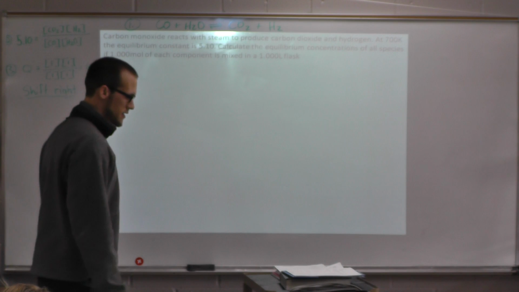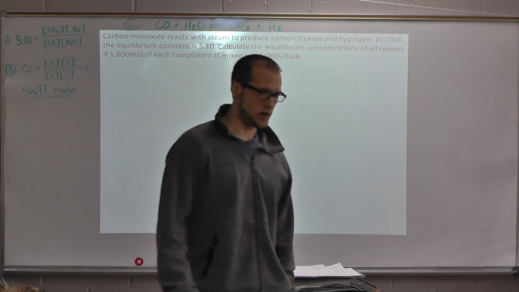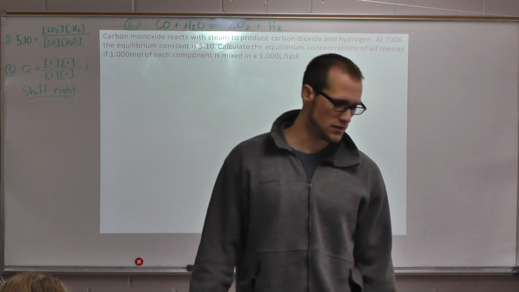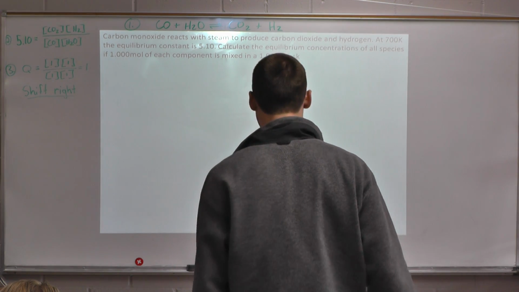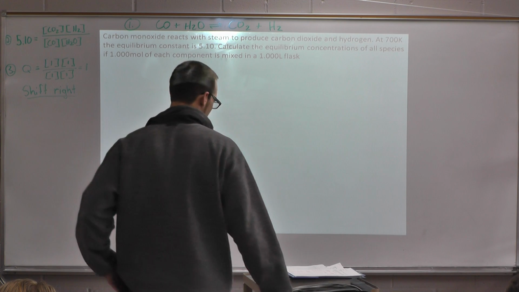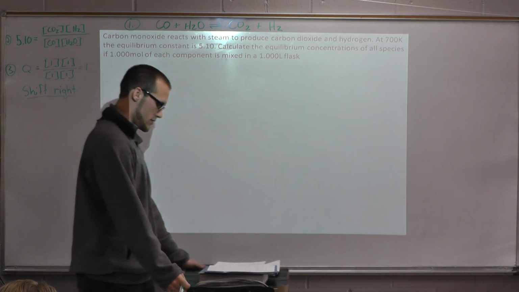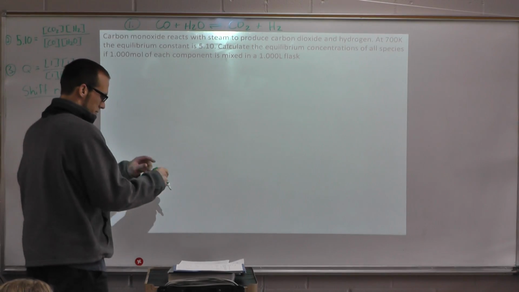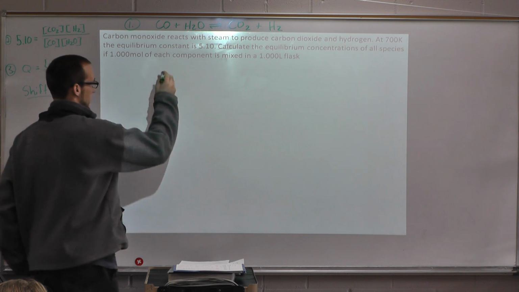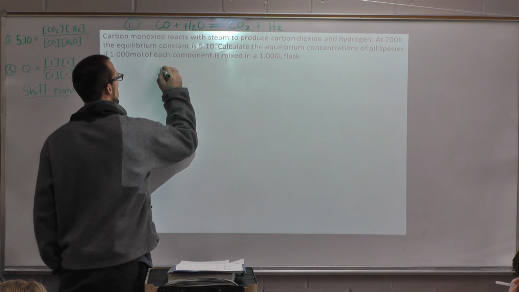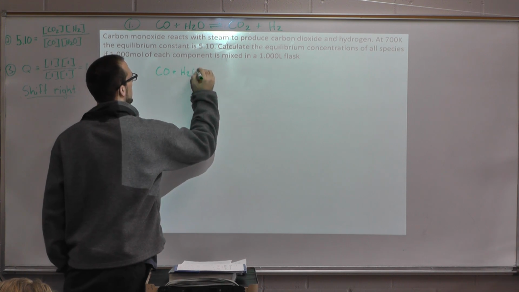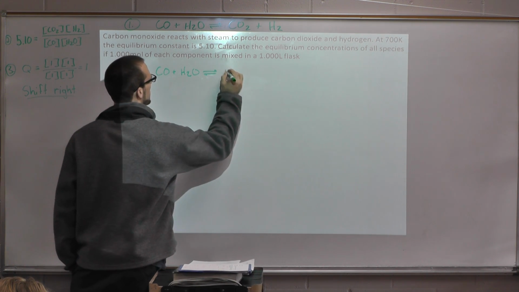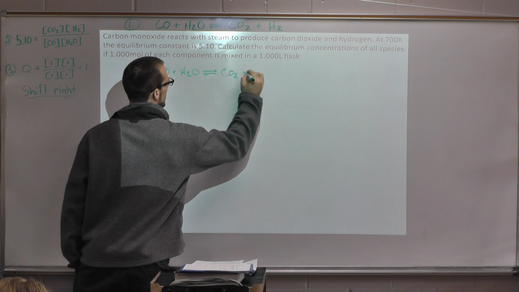All right. Nothing up to this point is new, is it? Step number 4 is where we begin writing our ice table. And I should have written this equation lower. I'm going to rewrite the equation here, just so it's closer to where I'm going to write my ice table.